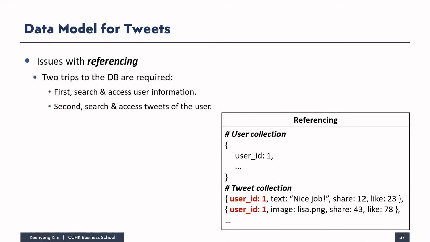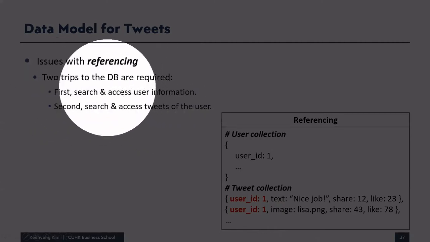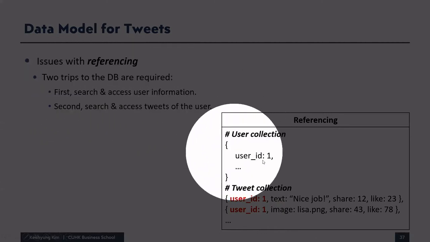The problem of the referencing approach is this. When you go to a user profile, let's say Obama's user profile, we have to show Obama's information first: the ID, the name, the followers, the followings, something like that. So we first have to search for this user and access the user information from the user collection.